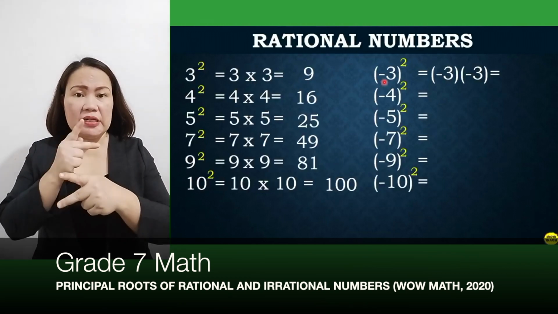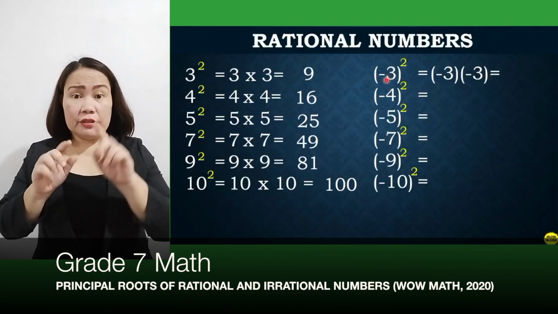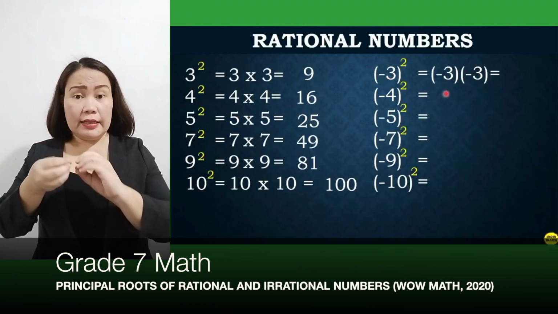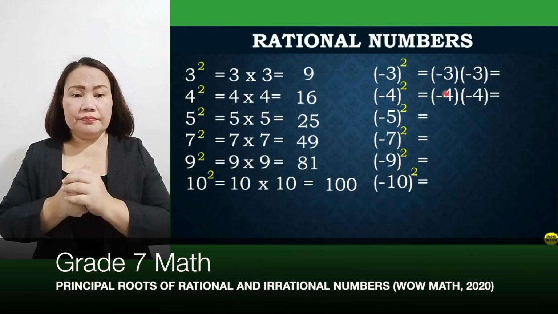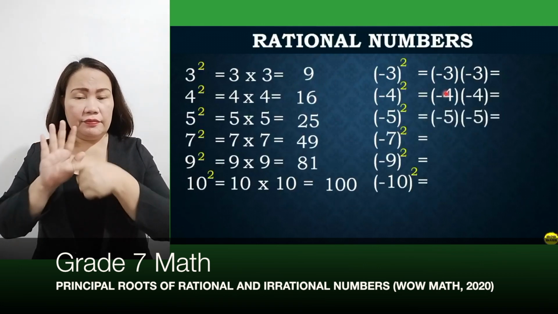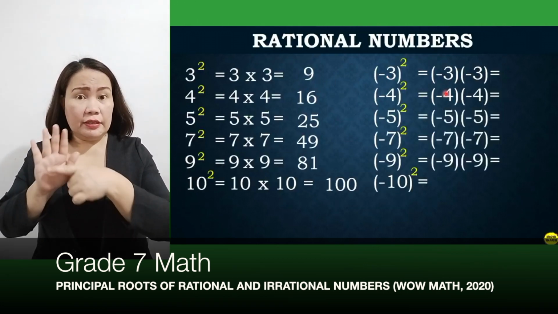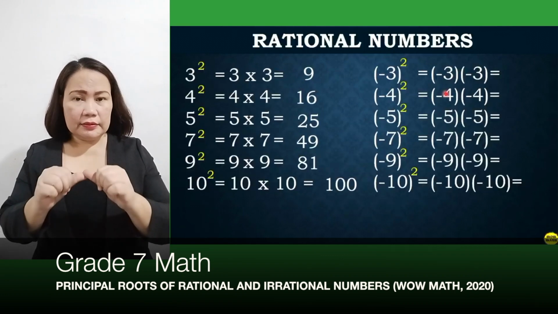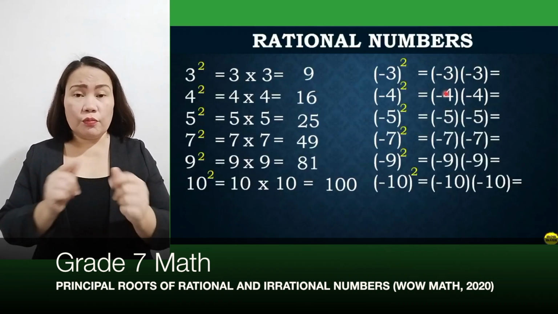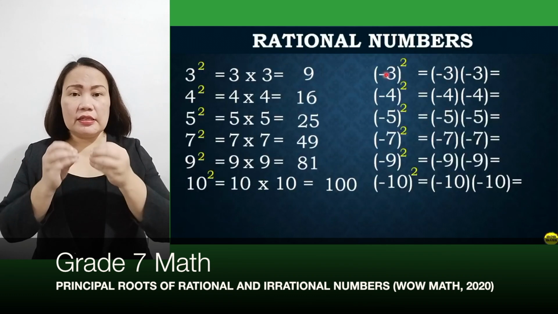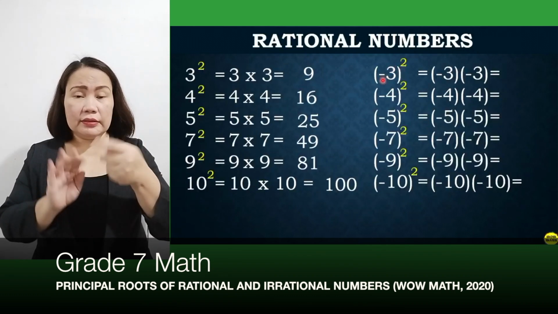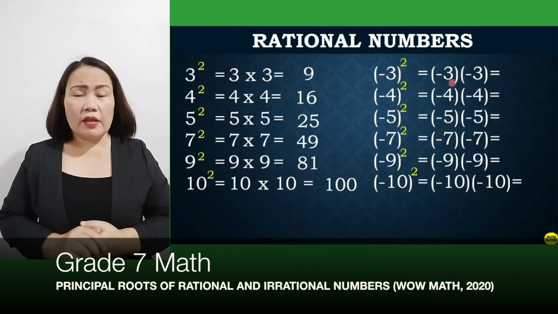Okay, so when we are squaring a negative number, as you can see, we will have negative 4 times negative 4, negative 5 times negative 5, and so on. Okay, so if we will be getting the product of these numbers, kapag in-square natin itong negative number na to, anong makukuha natin?